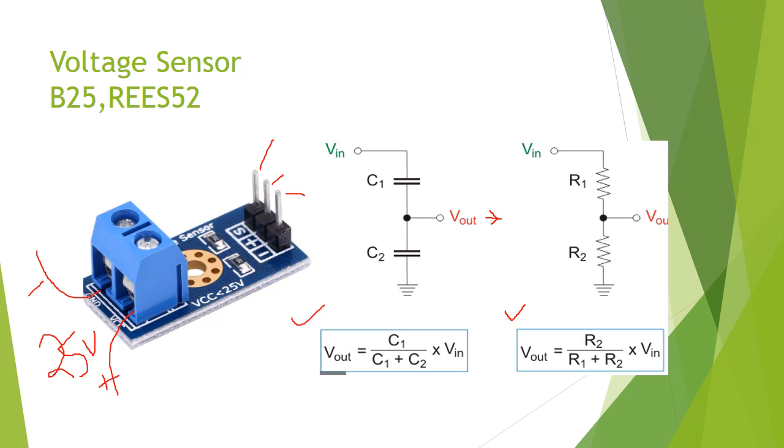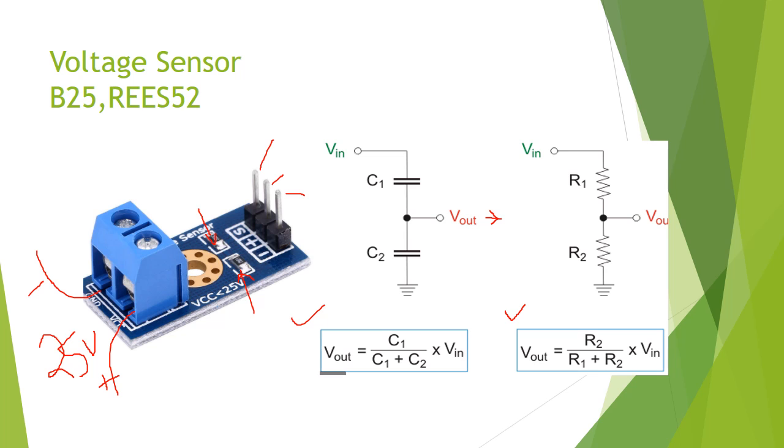Okay, so here if you check around, if you see here, this is a resistance. This module contains resistance, so this is a resistive type.